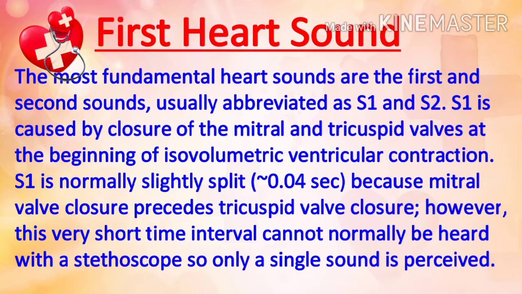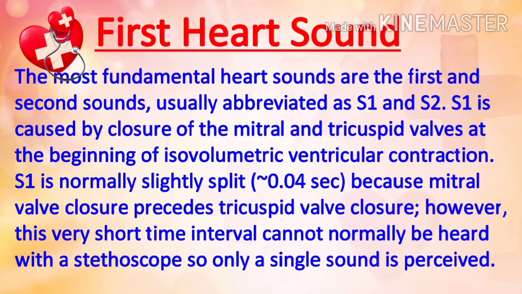The S1 is normally slightly split because mitral valve closure precedes tricuspid valve closure. However, these short time intervals cannot normally be heard with a stethoscope, so only a single sound is perceived.